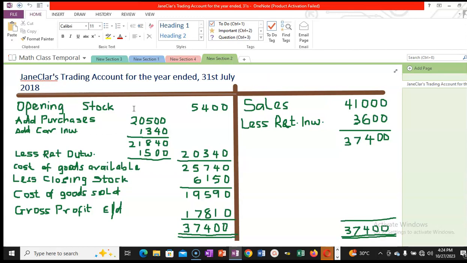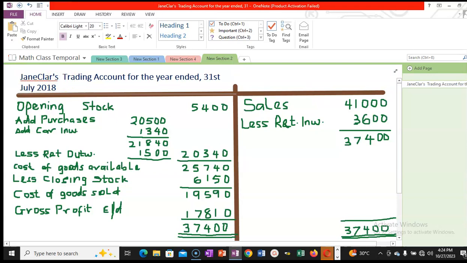It's not just your figures, it's important. The neatness of your rulings has a mark. Now, there are a few things you must look at here. Class Ventures trading account for the year ended 31st July 2018. Three things are here now. The first thing here is the name of the business, Class Ventures.